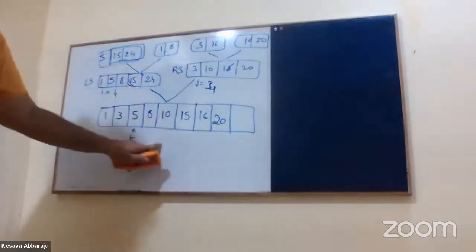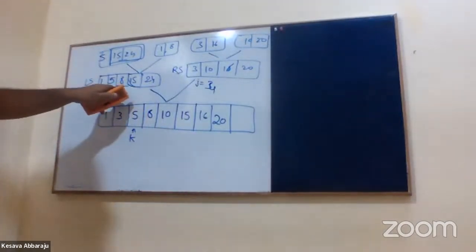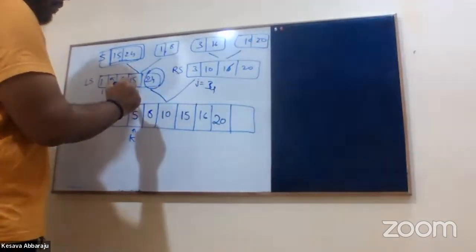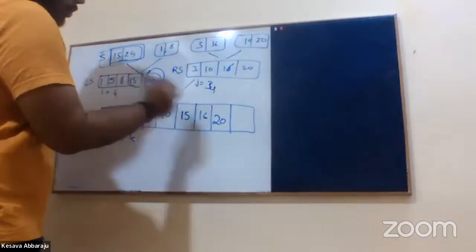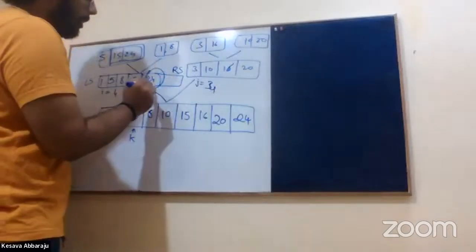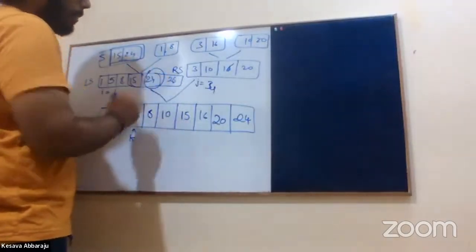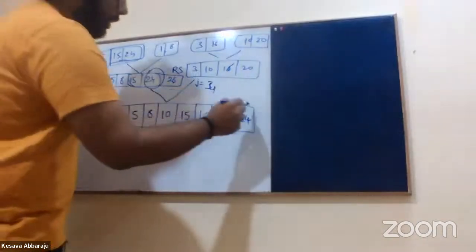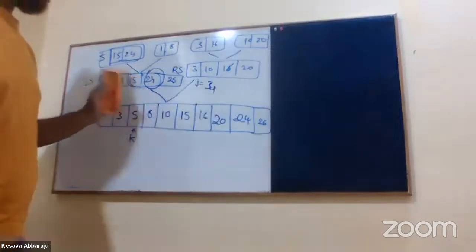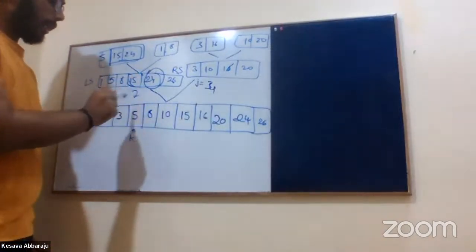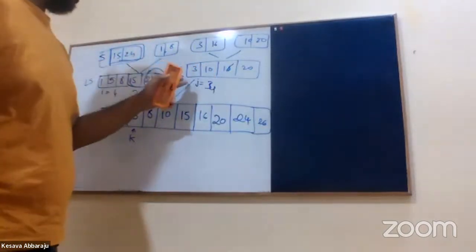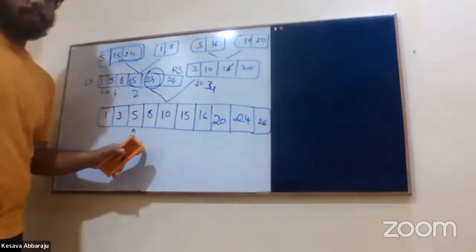But my result array is not yet completed because not all the elements that are in the left subarray are present in the result. So I should add 24. But let's assume it's not only 24. We have one more element here. Let's assume there is 26 here. So in that case, I should add it here. So what you will understand here is, I have to run the loop till every element in either the left subarray or right subarray is added into the result array.